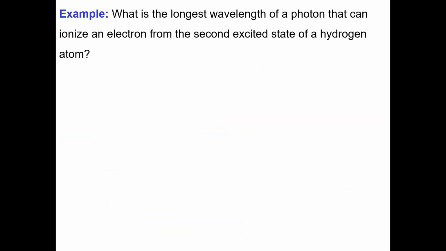Okay, so here's an example question. It says, what is the longest wavelength of a photon? The longest wavelength is just code for lowest energy, of a photon that can ionize an electron from the second excited state. So remember that the second excited state is n equals 3 because the ground state is n equals 1.